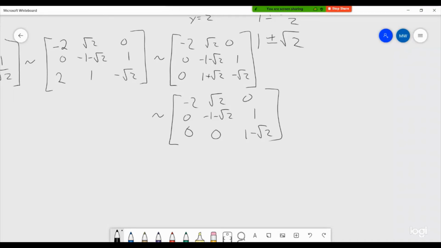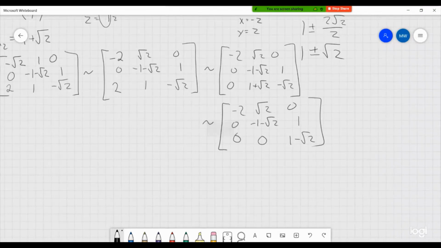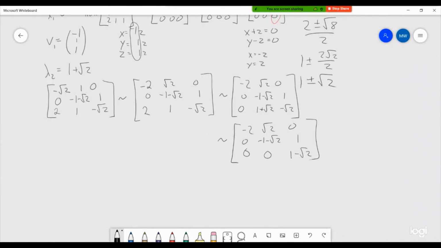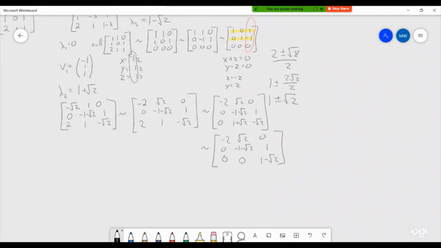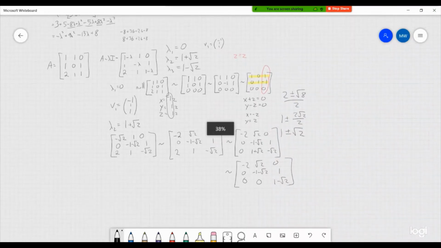And something tells me that we messed up. The reason I know I must have messed up somewhere is that if it was an eigenvalue, we should always have gotten a 0 row at the end. But where we got to does not have a 0 row at the end. So where did I mess up? Oh, I see where I messed up.